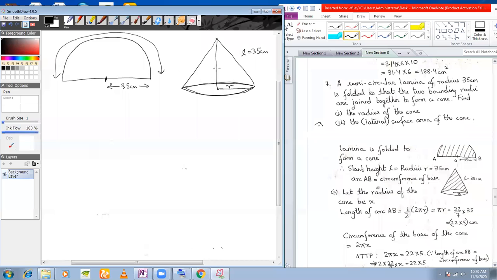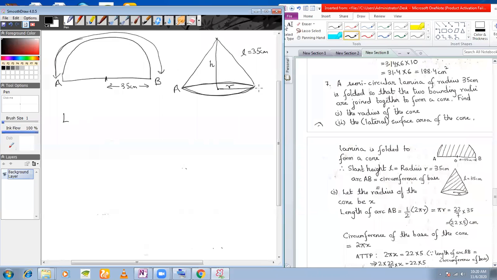So can we find out this height here? What is the height of this cone? If we know r, in fact, the question is to find out the radius of the cone. That means you have to find out the length of this arc first. So let us call this AB.